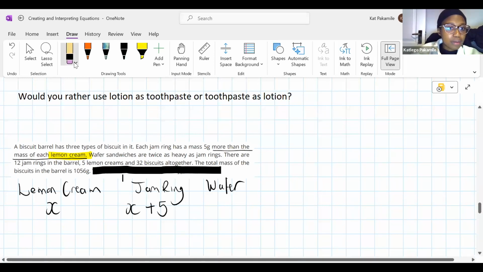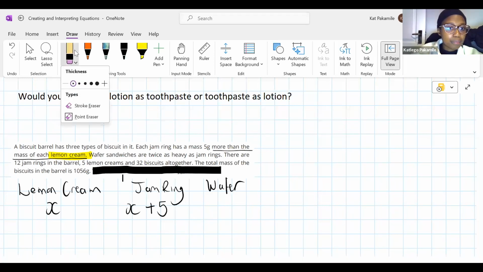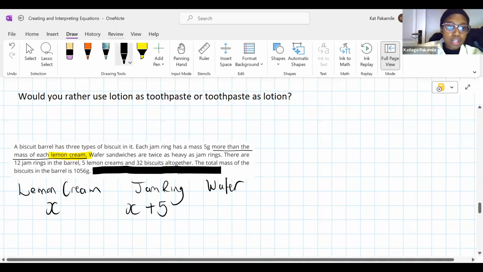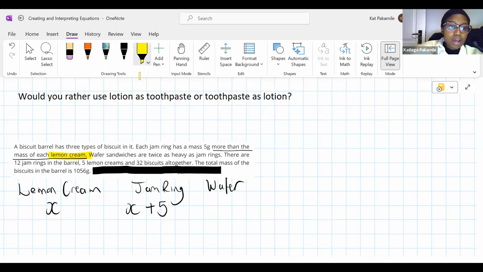As I was saying, you lost me at lemon cream and add more than the mass of each lemon cream. Okay, so Fatima, choose a mass of lemon cream. I'm choosing X. Do we know what the mass of the lemon cream is?